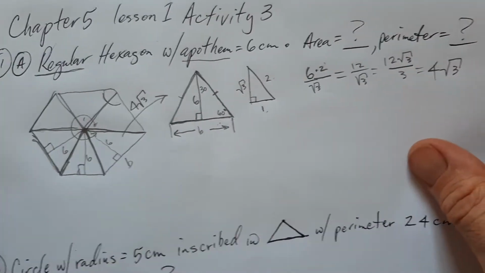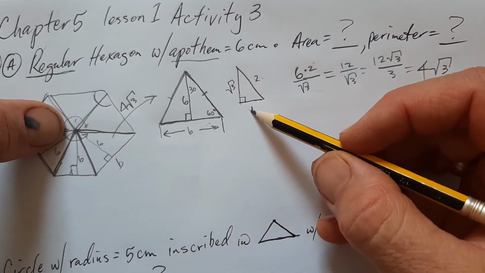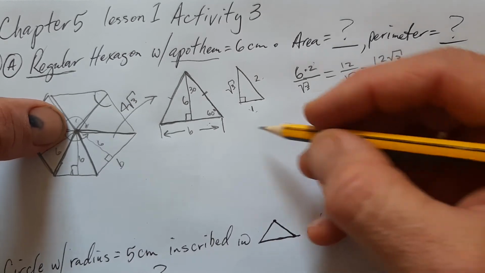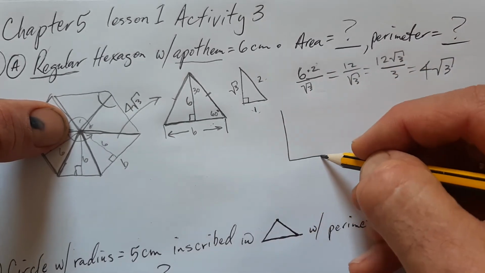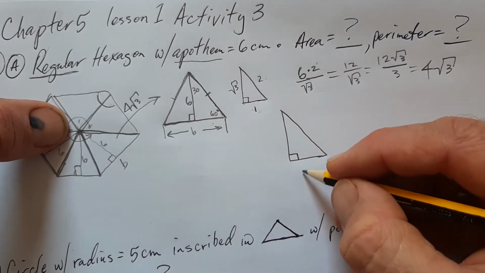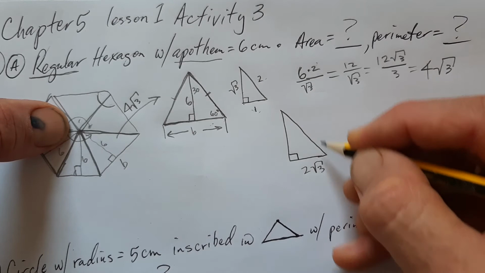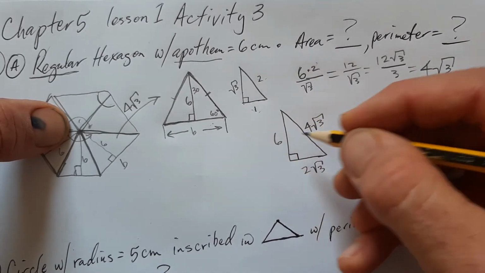We can double check our work here, because this side is half of that, which would be 2 square root of 3. Let's redraw our little special right triangle for extra practice: 2 square root of 3, 4 square root of 3, and this side is 6.